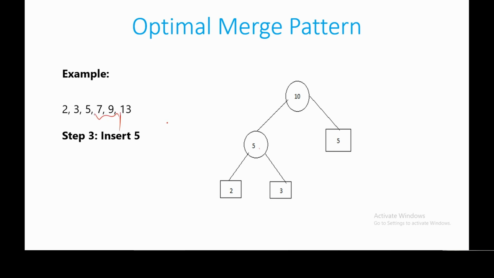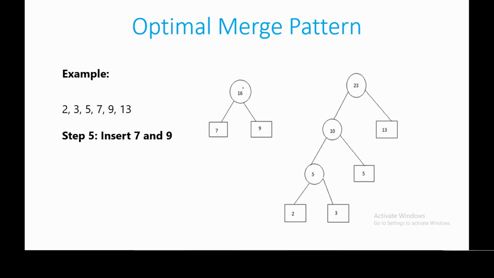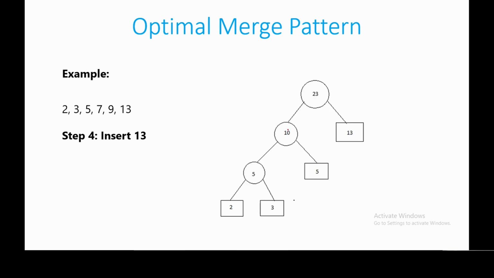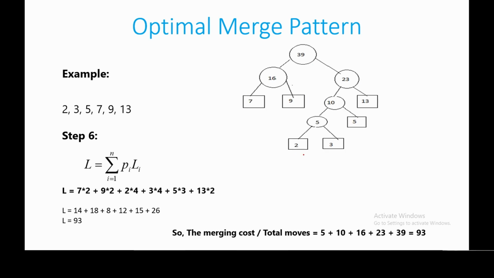Then 7 and 9 will be selected, so in this slide 7 and 9 make 16. 7 और 9 के बाद क्या आएगा? 10 and 13. Now we're having two trees rooted at 16 and 23, and we simply merge them. So we'll get a tree like this.